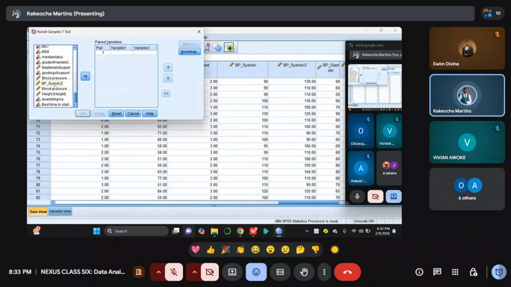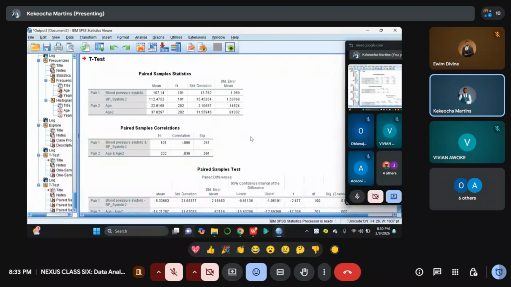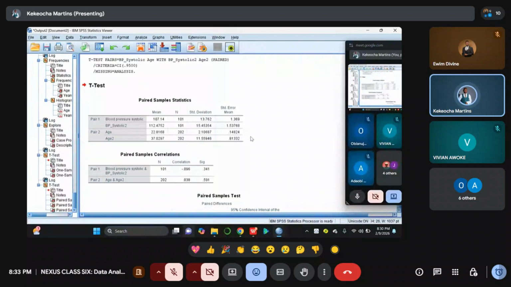So we choose the first measurement, which is this. So that is variable number 1. You choose the second one. We can also compare for these 2 ages to know if they are significantly different, just to make an example. So you click OK. Then these are the tables you see.